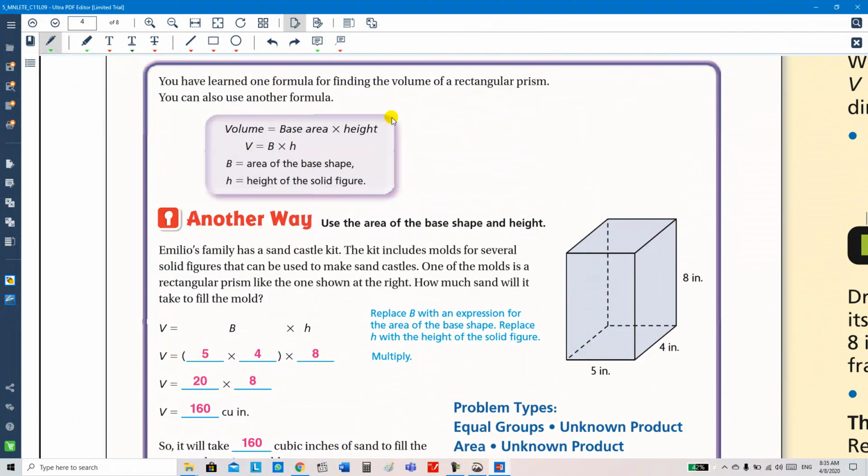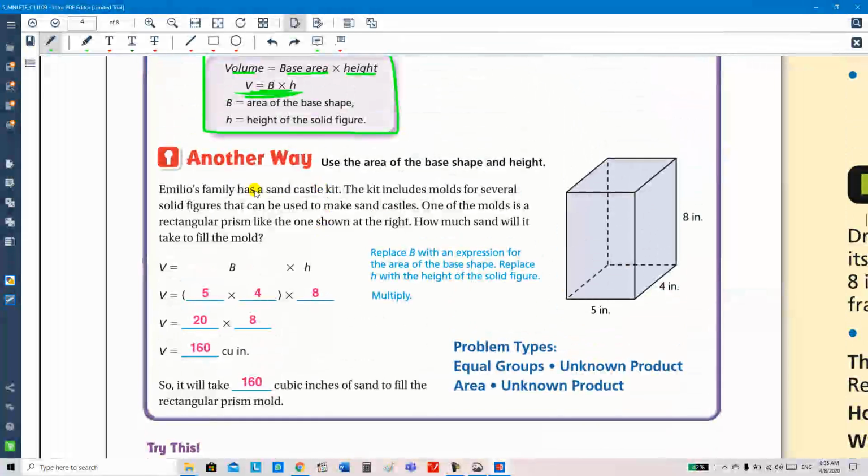Okay, in this problem we are going to use the second formula of the volume. Volume equal base area times height. Okay, let's think about this.